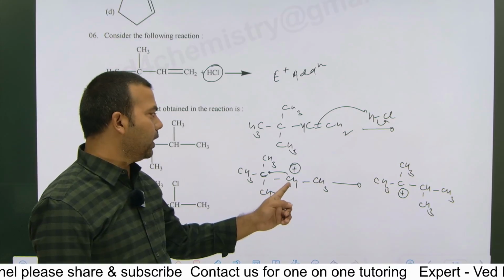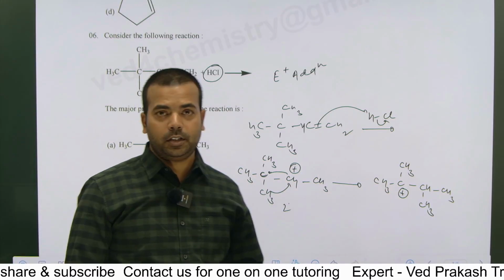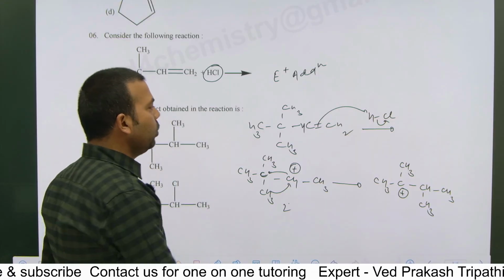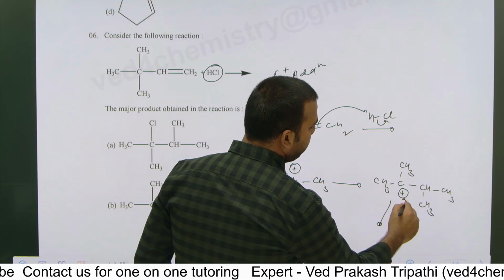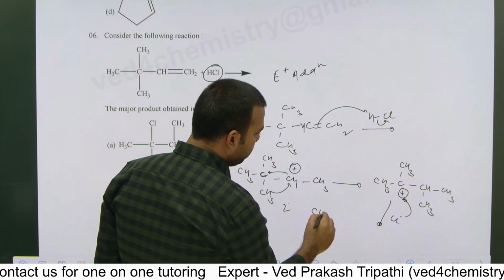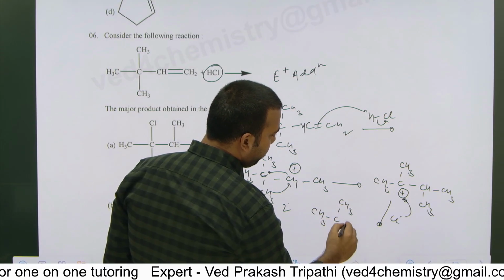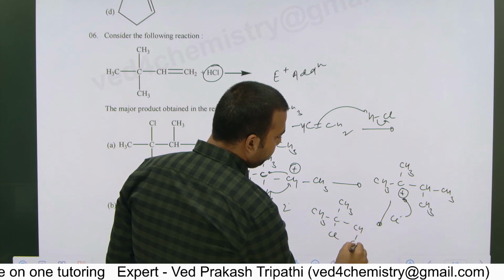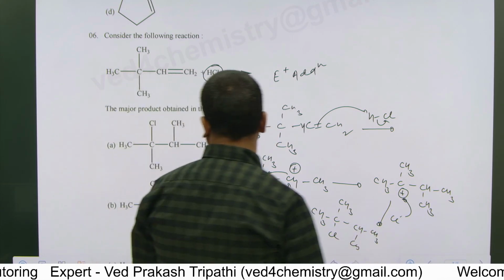This one was the secondary one, and this one is a tertiary carbocation, which is the stable one. And now the nucleophile, Cl minus, attacks on this carbocation. So the product should be this. Which option is right here?